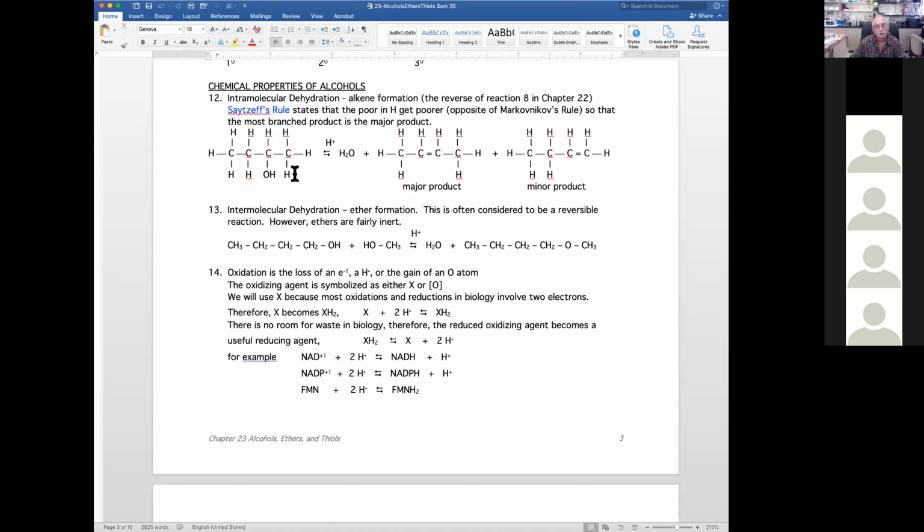So what you need to know, if you saw this right here on an exam, would you be able to write the rest? That's what you should be thinking about. So what happens if I take an alcohol and it's under acidic conditions and I have an arrow? Well, again, you should be thinking about what small molecules can come and go from a molecule.